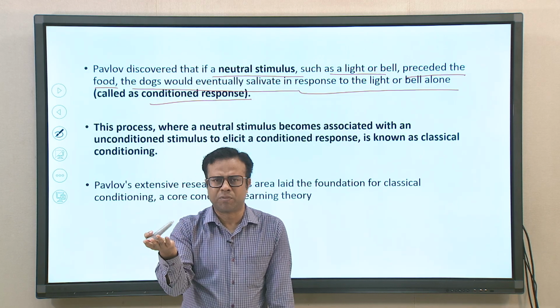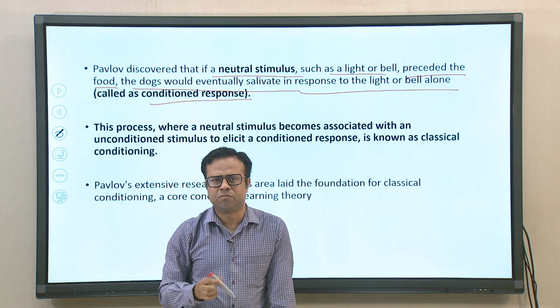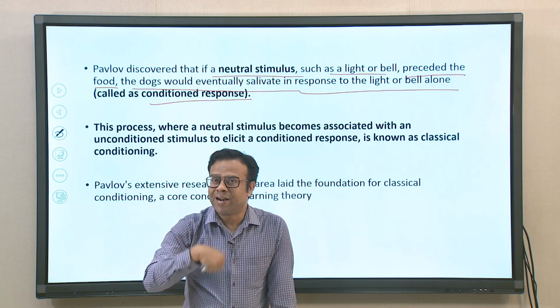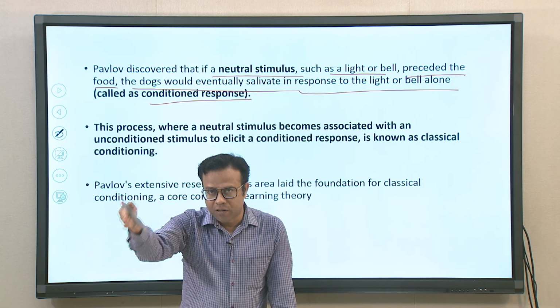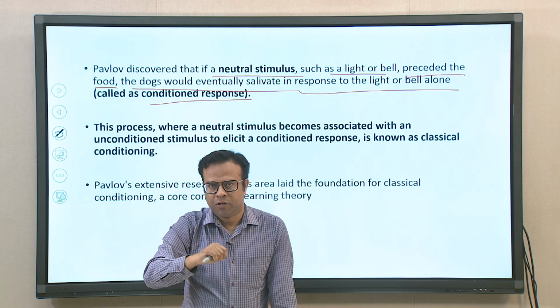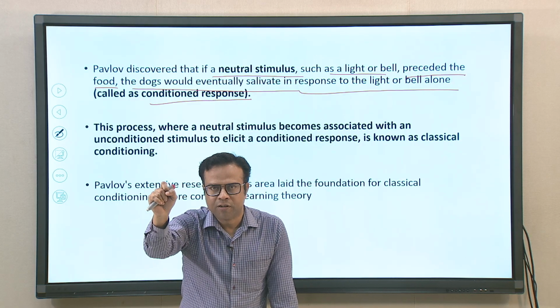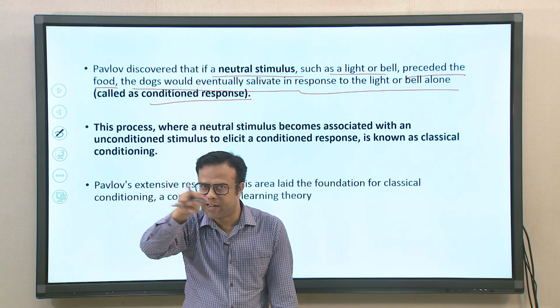The dog will not respond because it does not create any particular response in terms of the dog's behavior. So, that is why he called it a neutral stimulus. Now, let us say this neutral stimulus is associated with the unconditioned stimulus, which is food. So, the sound of a bell, then food comes, and with the food automatically the saliva will come to the mouth. Let us say they are associated.